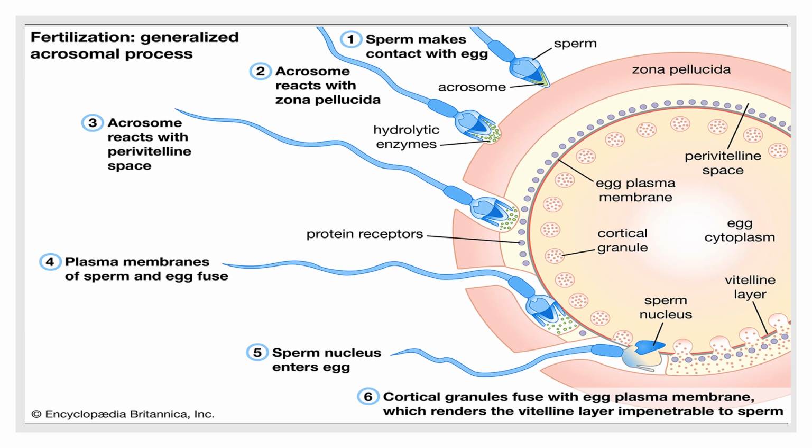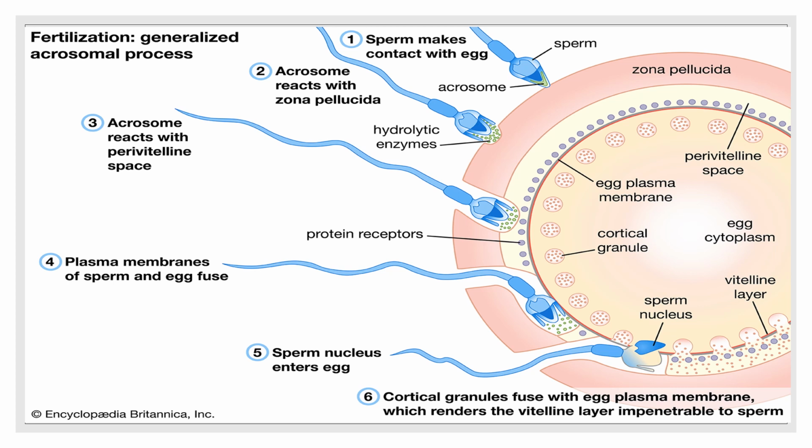So first it will penetrate the corona radiata. The corona radiata is an intercellular matrix consisting of protein, which contains a high concentration of hyaluronic acid. This hyaluronic acid will be hydrolyzed by hyaluronidase released from the sperm head.